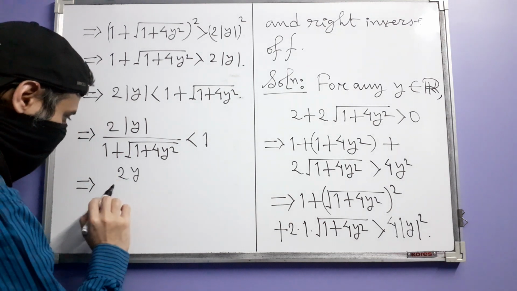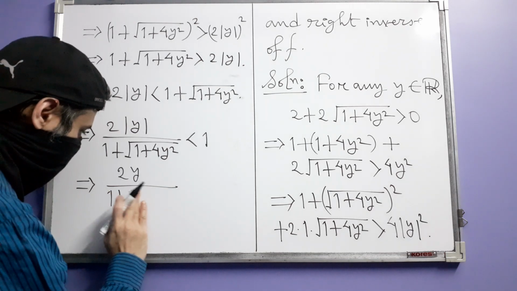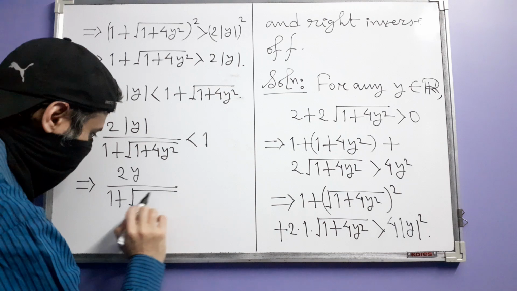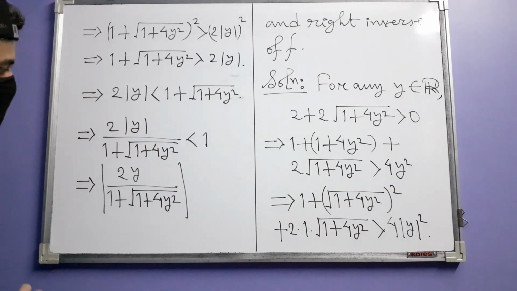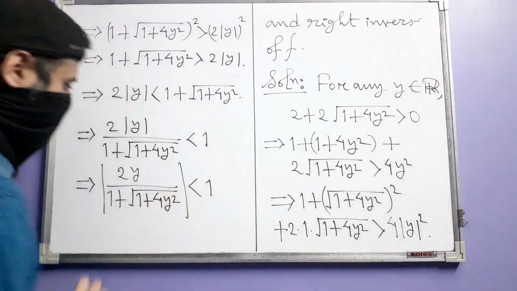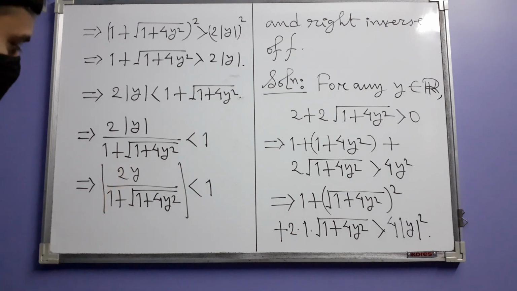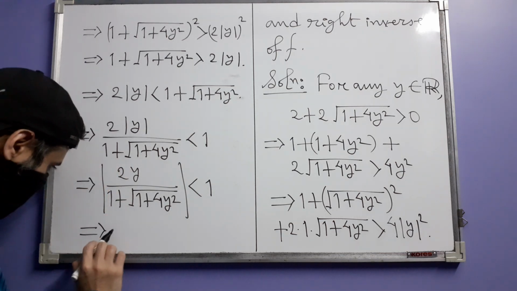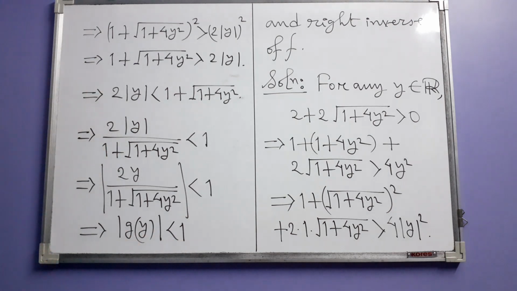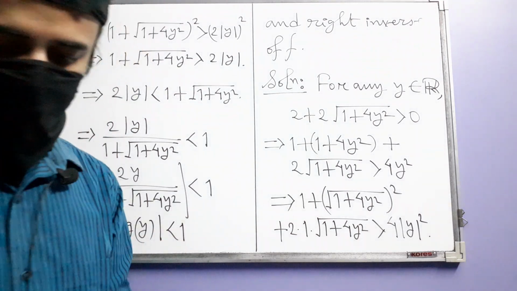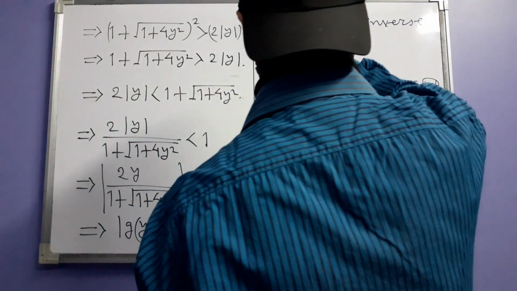So by properties of absolute value, we have this. This is less than 1. But what is this? This is g of y. So that means the absolute value of g of y is less than 1. Now in place of this inequality, you can instead write 2 inequalities and no absolute value.